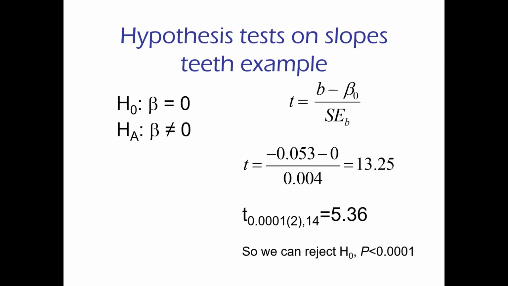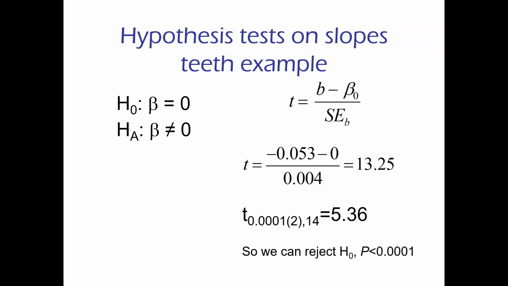However, the negative sign only indicates the direction of the relationship, and what we want to know here is whether the slope is 0 or not. So we take the absolute value of t, which is 13.25. So this is our calculated t-value.